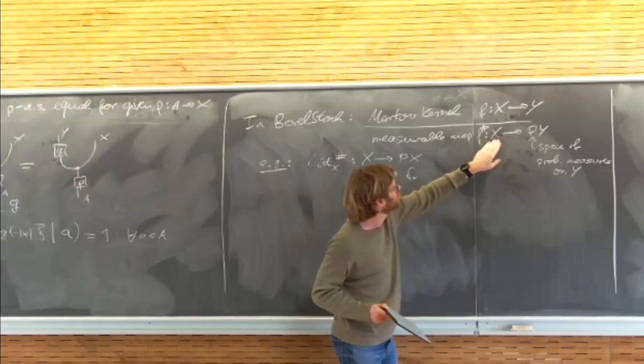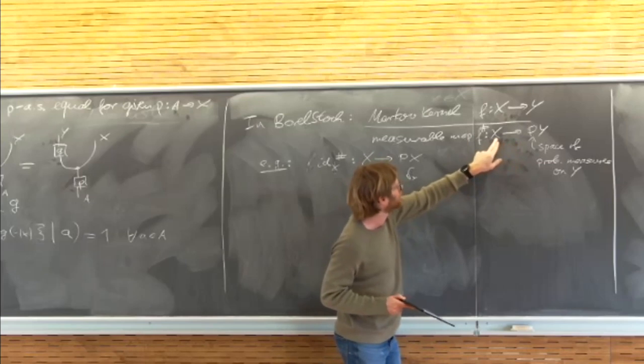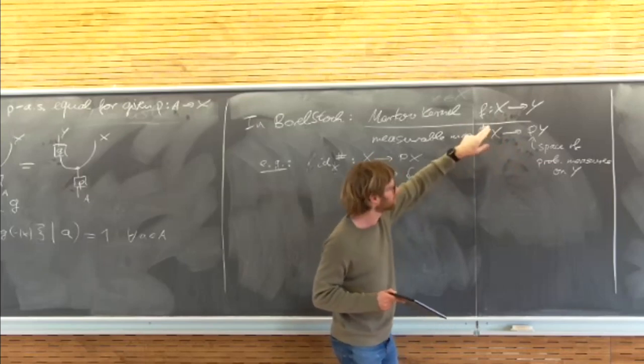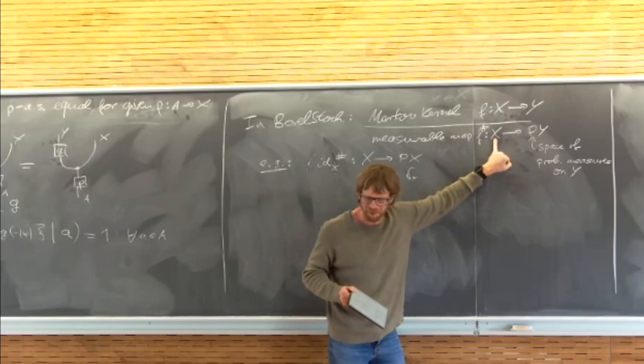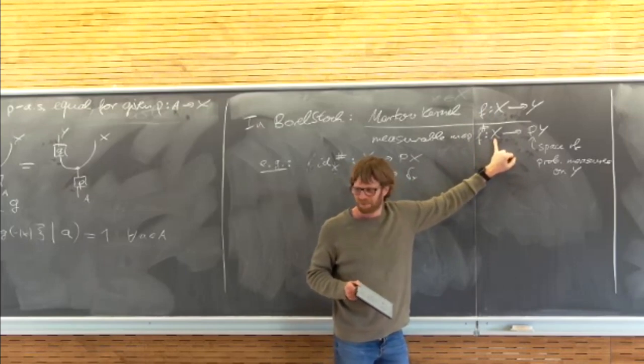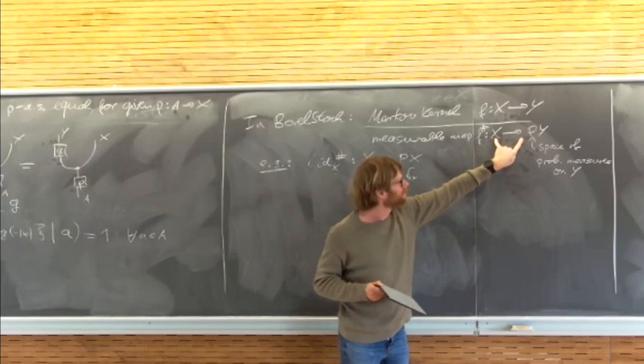Now suppose that we start with the identity down here. It's a bijection, supposed to hold for all X and Y, so in particular we can take X to be PY, and take the identity here. Now consider that as a measurable map.